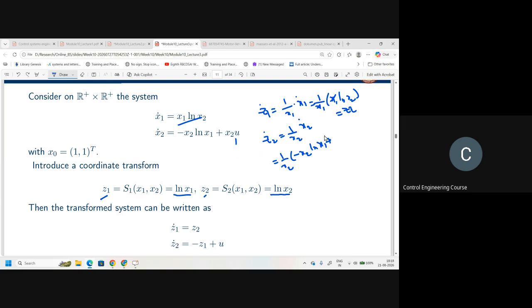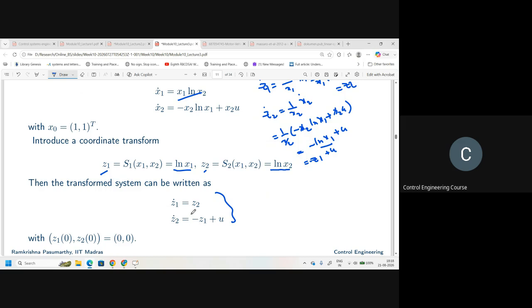So this x2 gets cancelled, then you will get minus ln x1 plus u, where ln x1 is your z1. So this is minus z1 plus u. So you get these two equations, right? Now this is a linearized form. This is called the linearization by transformation technique.